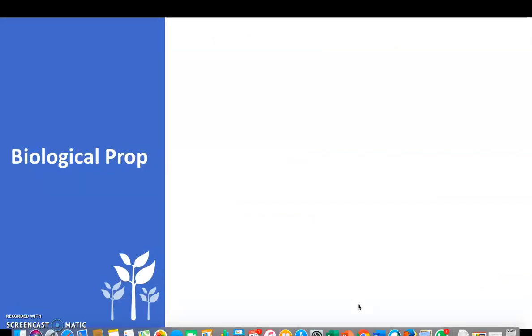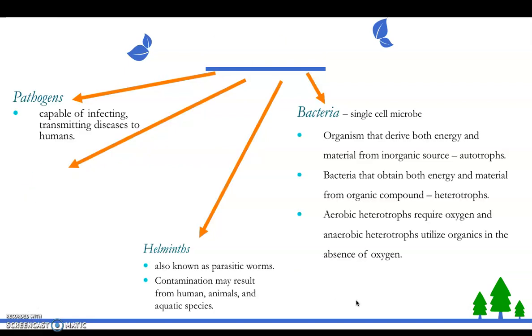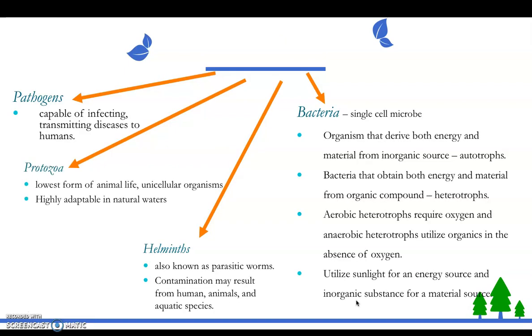Now we go to biological properties. Biological properties can be described by pathogens, protozoa, helminths, and bacteria.